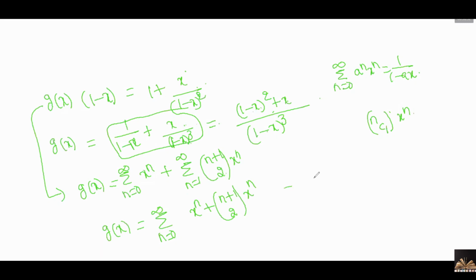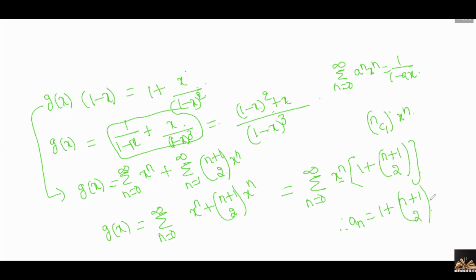So this can be written as summation of n is equal to 0 to infinity x power n into 1 plus n plus 1 c2. Now what is the an value? The coefficient of this x power n. That is, therefore the solution is 1 plus n plus 1 choose 2, or n plus 1 c2.